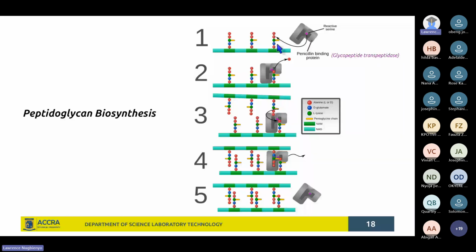Now we see that somewhere in the active site of that protein, that enzyme, is a reactive serine. That is being shown because we did look at mechanisms of action of enzymes in the last lecture.